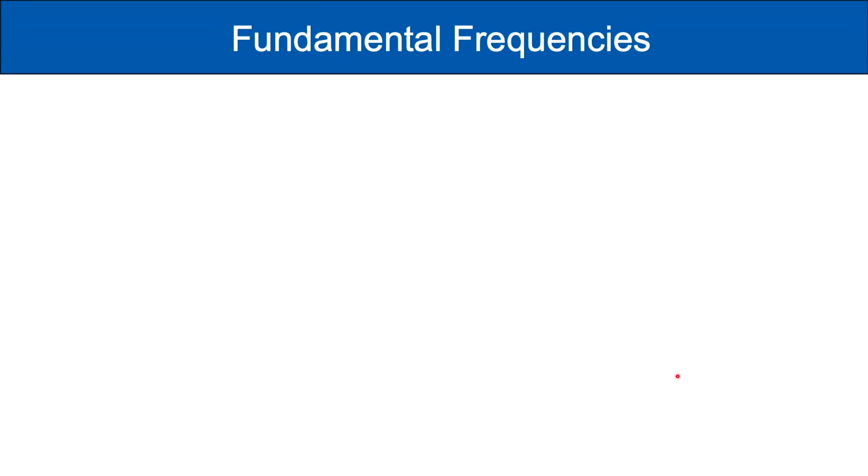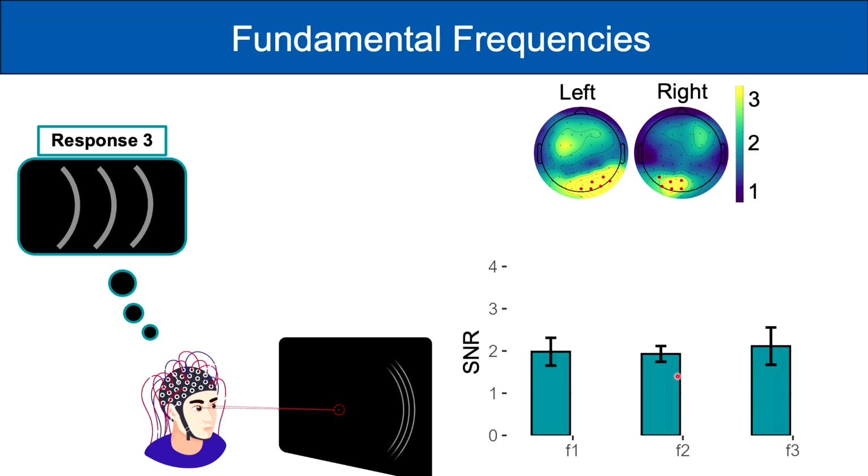First, let's look at when participants report seeing 3 arcs. Here we chose a region of interest based on the fundamental frequencies and presentation side, meaning that when the arcs were presented in the right visual field, electrodes at the left hemisphere showed most activation, and vice versa for when the arcs were presented in the left visual field.